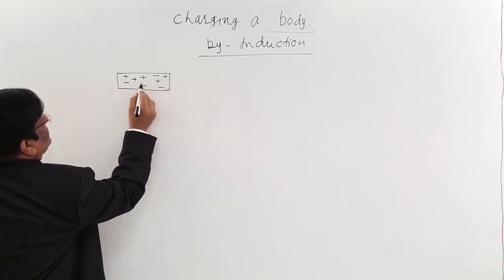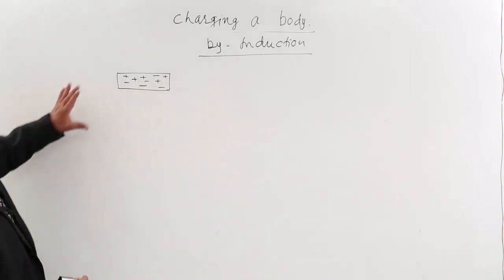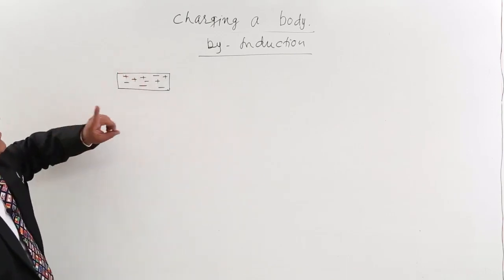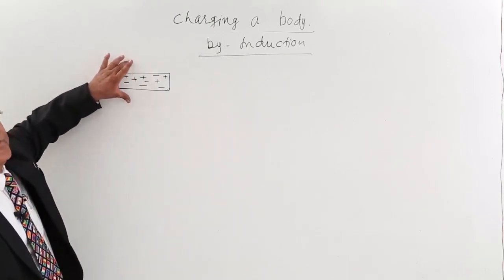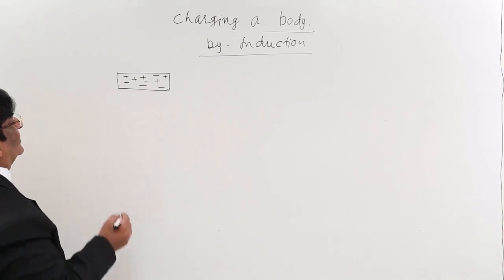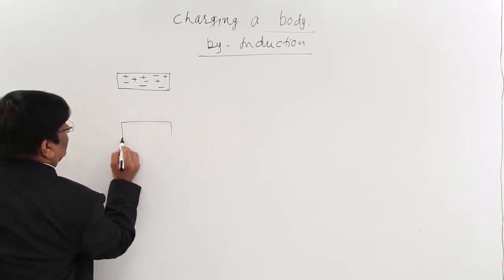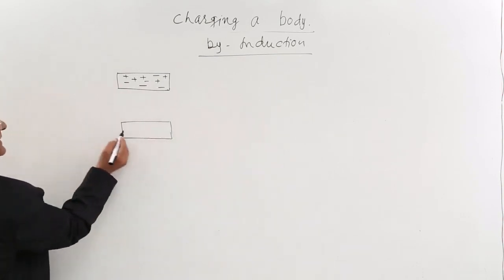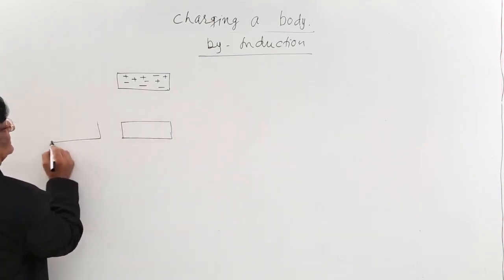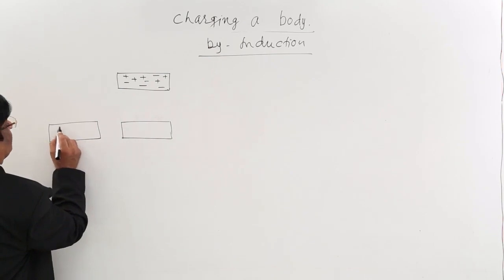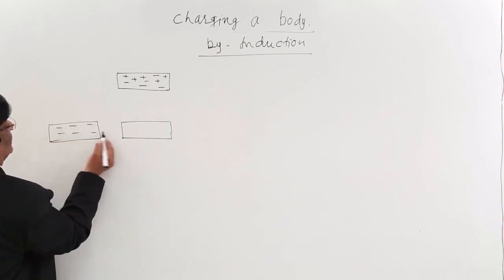Equal number of positive and negative charges will make it 0 charge. Okay. Now I want that it should develop certain net charge. For that, what do I do? I bring a charged body near it at a certain distance. Okay. This is, say, a negatively charged body.